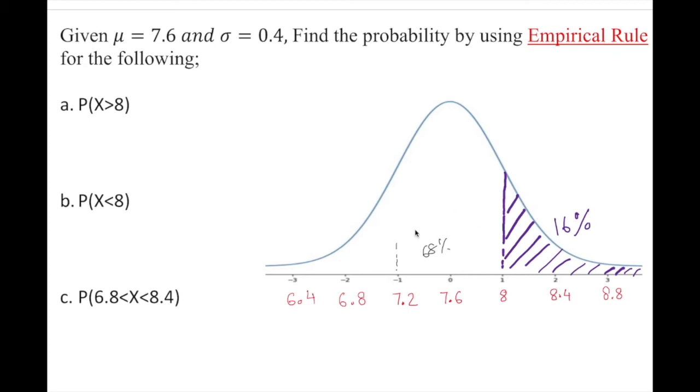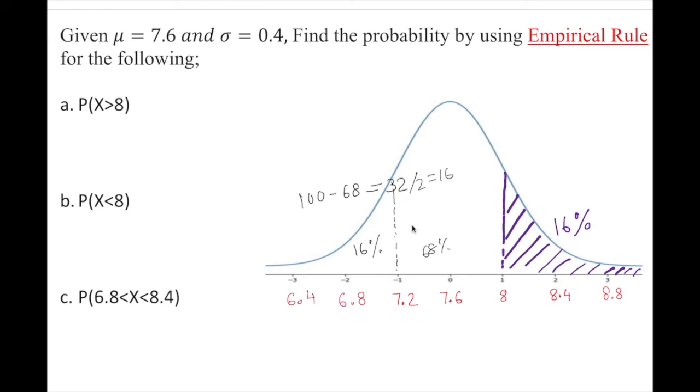So 100 minus 68 is going to give me 32. So what is that 32 coming from? 32 is basically from this side plus that side. It's symmetric on both sides. So 32 belongs to, this is going to be 16 and that is going to be 16. In other words, you divide by 2, which is 16%. So that is going to be 16% and that is going to be 16%. So that's how we can get this without looking into everything.